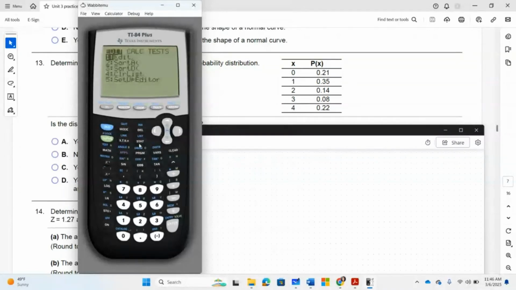So I'm going to go to Stat, Edit, and I would like L3 and L4. So I will put all my random variables in L3. So I have 0, 1, 2, 3, 4. And I go to L4 and put in the probabilities in L4. 0.21, enter.